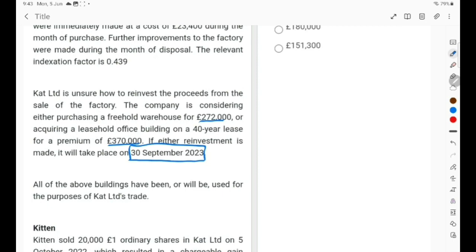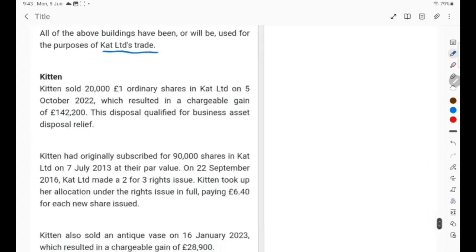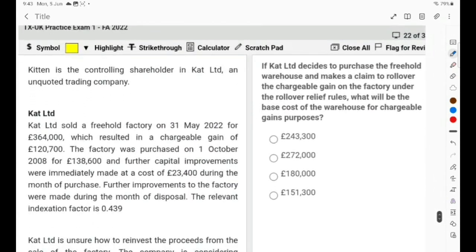So we have to consider the qualifying period. All of the above buildings have been or will be used for the purpose of CAT's trade, means they are to be used for business purpose. So this is not about shares. So the question is, if CAT Limited decides to purchase the freehold warehouse and makes a claim to roll over the chargeable gain on the factory under the rollover relief rules, what will be the base cost of the warehouse for chargeable gain purposes?